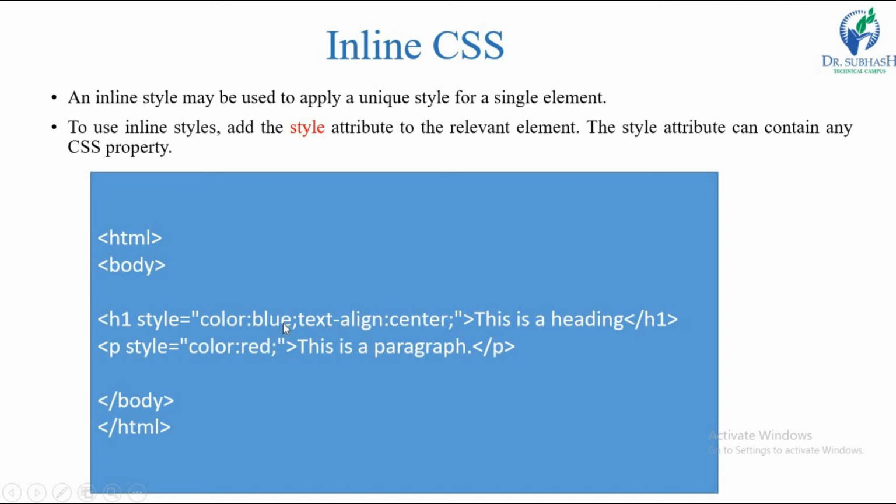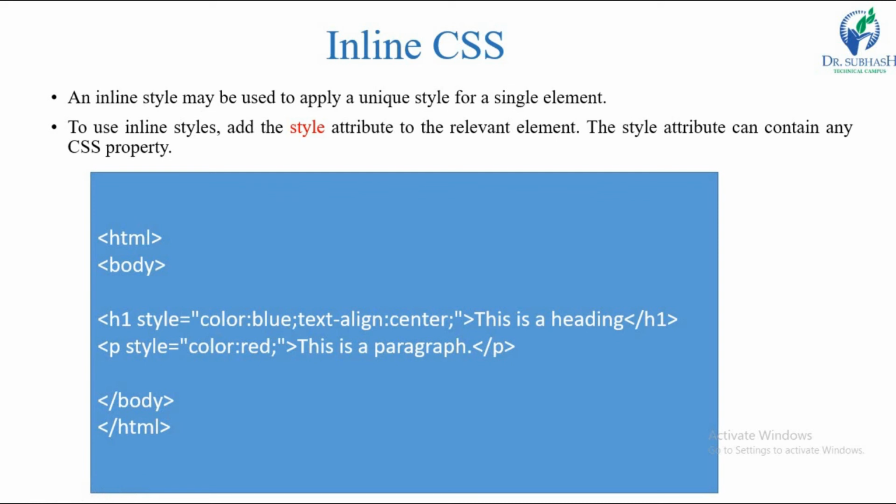This is a declaration part. This is also a declaration part separated with a semicolon. This is the element, this is your selector, and we are applying the style, that is your CSS code, to this h1. So a style attribute can have more than one declaration separated with a semicolon.